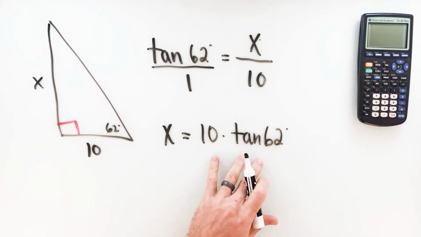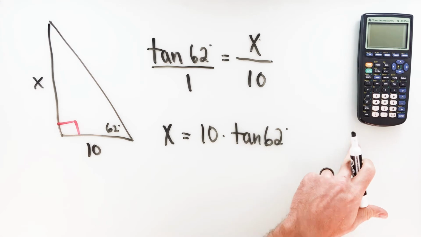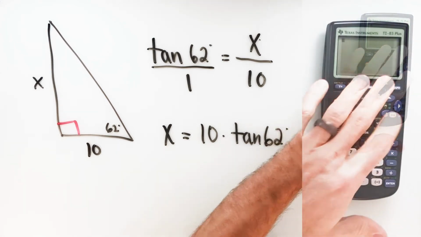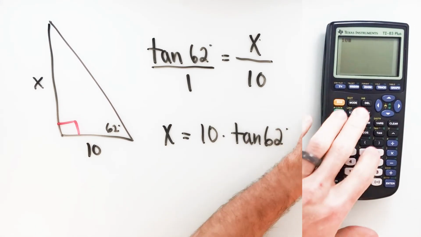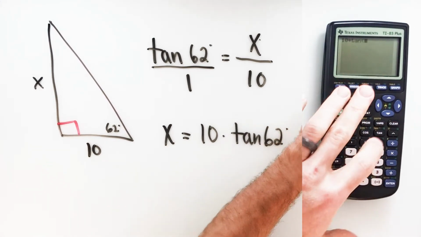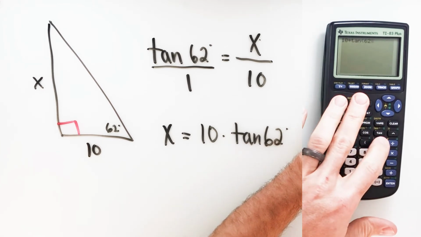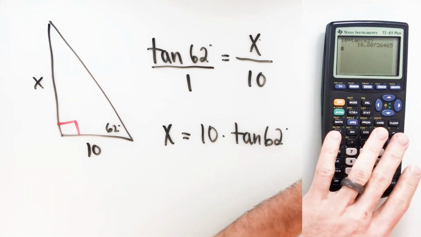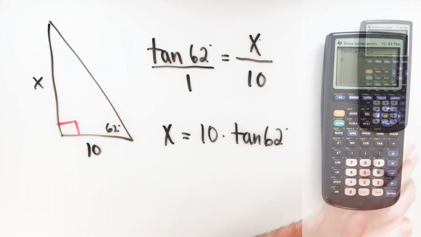And this is something that I can type right into the calculator to figure out what this value is going to be. So if I go over to my calculator here, I've got 10 times tangent of 62 degrees, which again is just a number. And we get a value which is about 18.81.